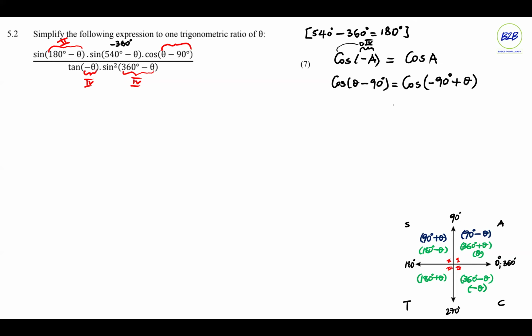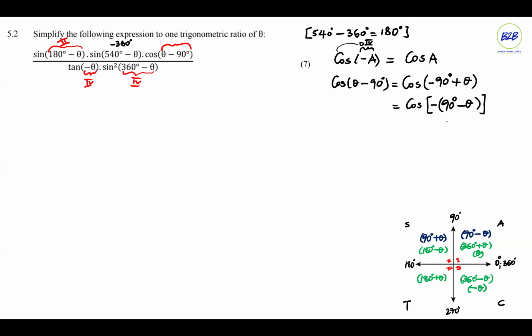Then what comes after that? It is a common factor of negative. Once we take out that negative, then we will be left within the brackets with 90 degrees minus theta.